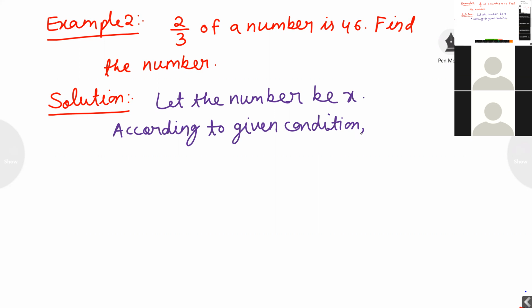And the number we have assumed is x, so 2/3 of x is equal to 46.